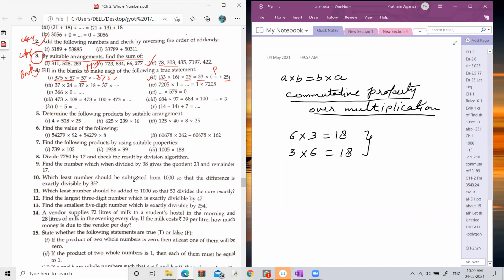Devyansh Tiwari, kindly unmute yourself. Quickly, Devyansh Tiwari.